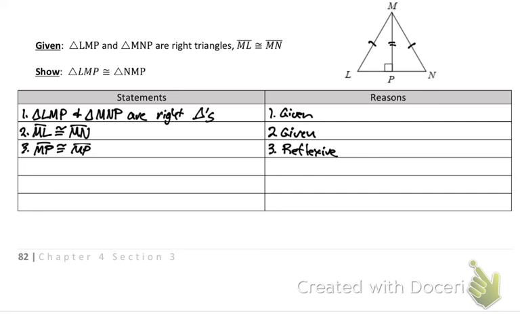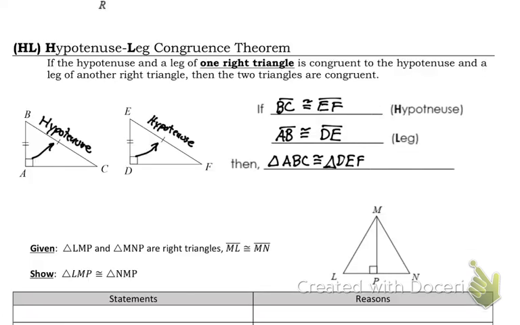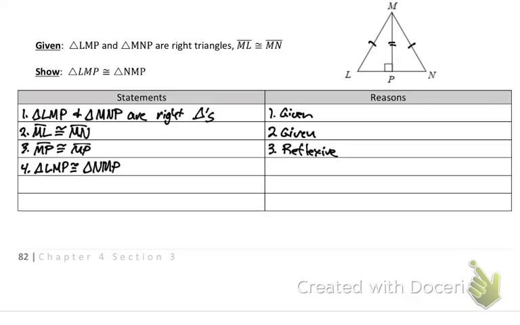However, we switched this over to be that HL theorem because it's a right triangle, so it opens a door to a new one. And that would be our HL. So we can go ahead and say those two triangles are congruent. And that's because of this theorem we just learned. Do we know a hypotenuse? Yeah, it's across from the right angle, so we're good there.